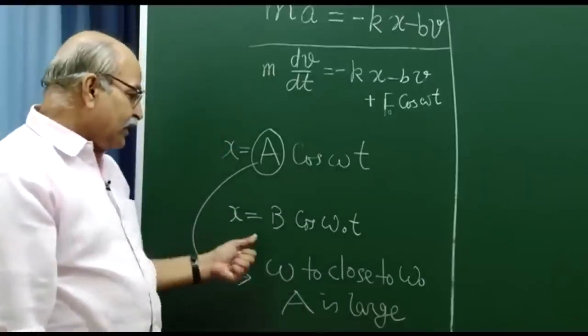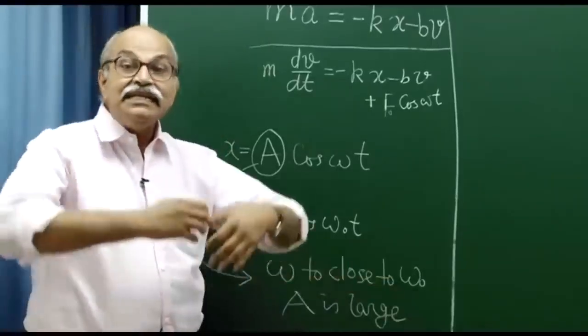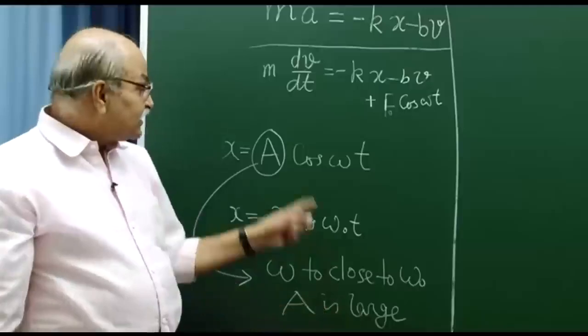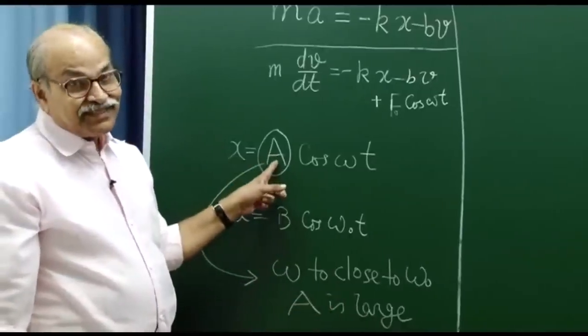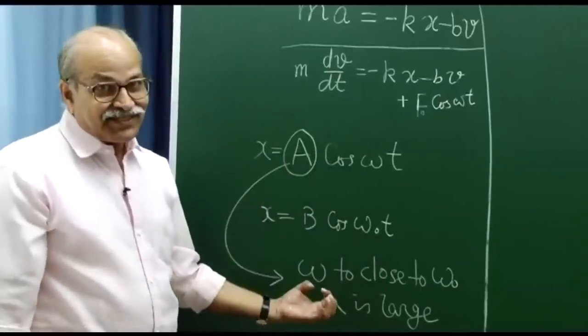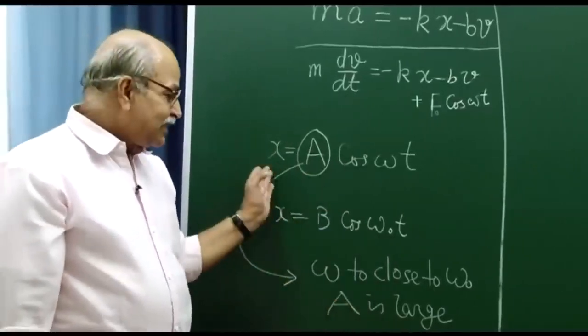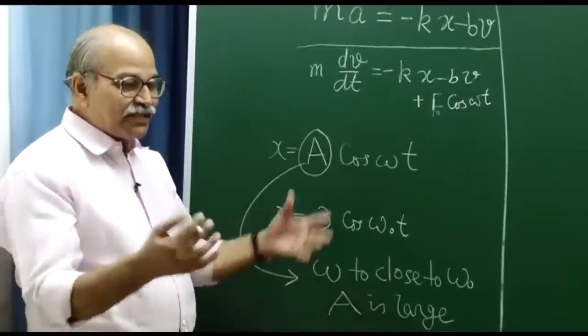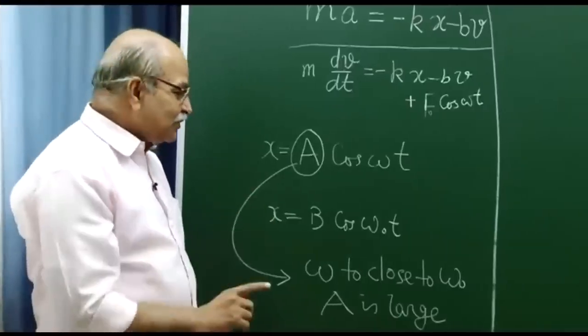And if omega and omega naught are widely different from each other, then this amplitude is small. This phenomenon is known as resonance. So, when these frequencies match, you have large amplitudes. So, that is what I was doing.